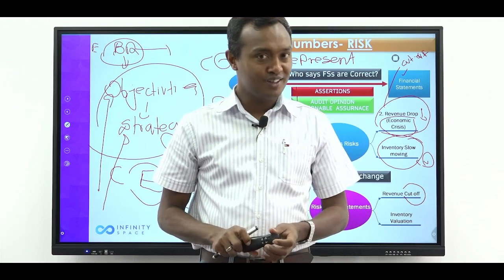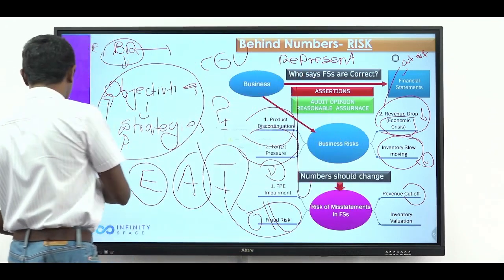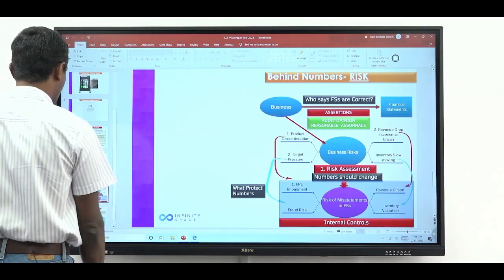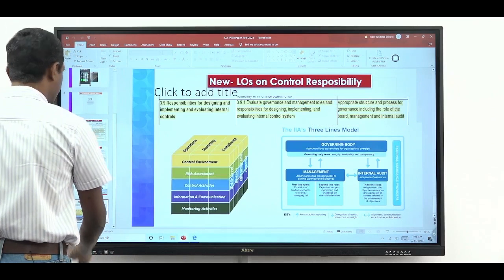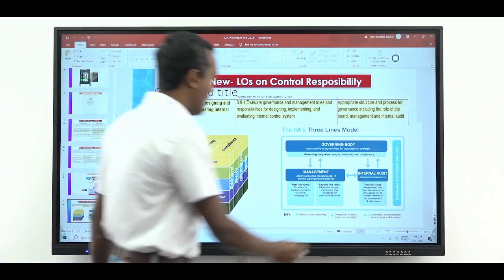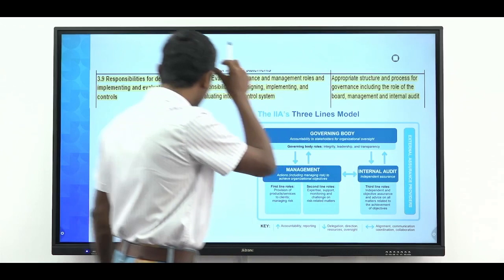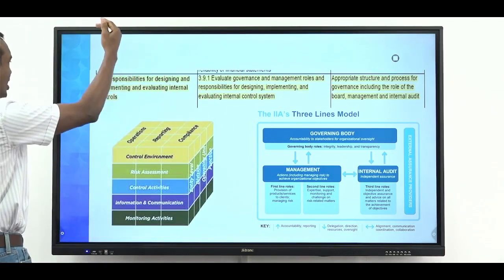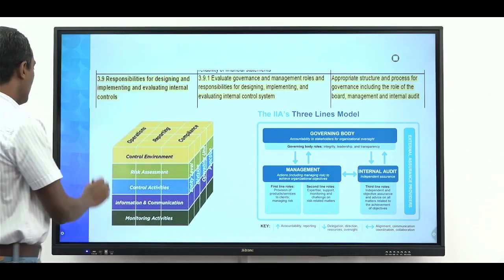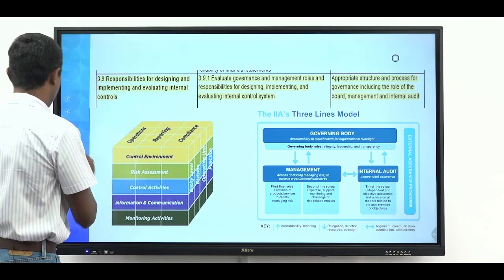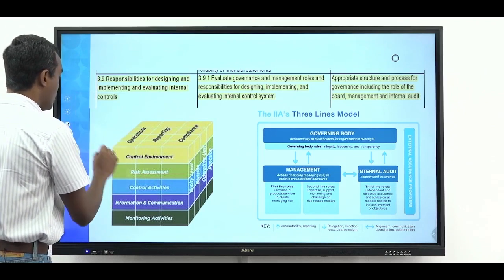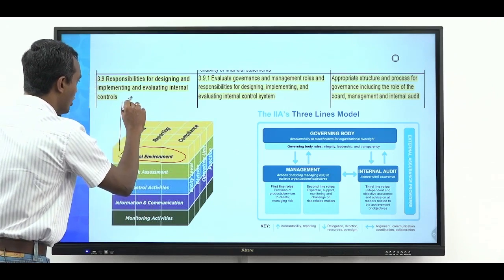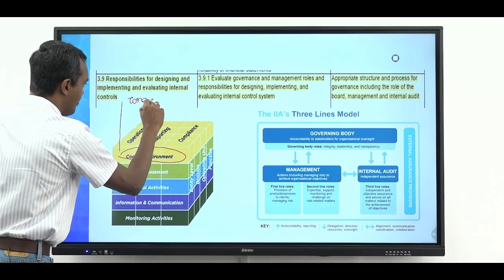So we are going to start now the very first paper with this syllabus change, which is given as a pilot paper. I think I explained to you partly that when it comes to responsibility, the new learning outcome, right? If you take the control environment, by definition, control environment clarifies the role of the board who set the tone at the top.